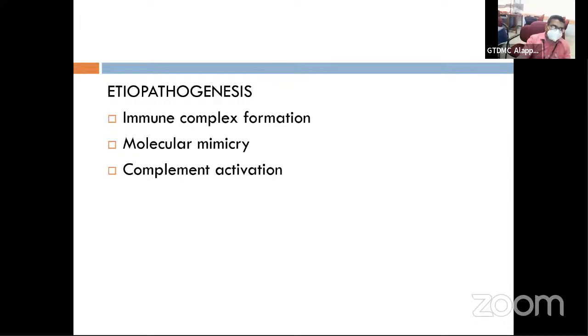So immune complex formation, molecular mimicry or even complement activation produce an inflammatory response and proliferation within the glomerulus, with reduction in the renal blood flow and in the permeability of the glomerular basement membrane. This will ultimately lead on to reduction in the glomerular filtration rate. So reduced GFR is characteristic. In our case, the glomerular nephritis, GFR will be reduced.